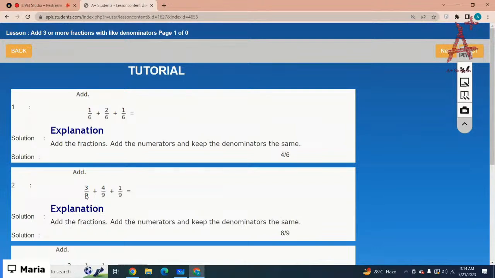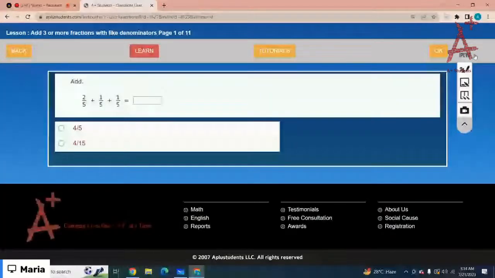So 3 plus 4 is 7, and 7 plus 1 is 8. So it is 8 over 9. So the basic thing is when adding or subtracting, if you have like denominators, it is very, very easy. They have the same denominators. You simply have to add the numerators, right?